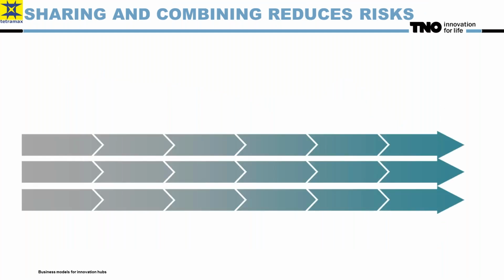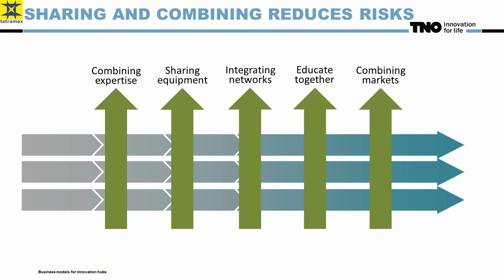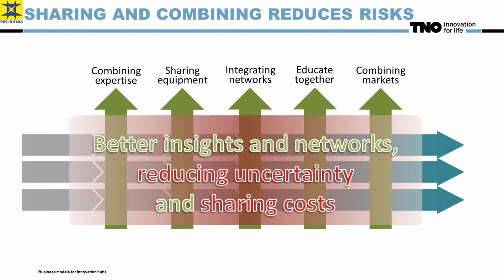And a digital innovation hub helps with that. If you take multiple innovations and multiple innovation chains, you can combine expertise, share equipment, integrate networks, et cetera. And by doing that, you will get better insights and networks, and that reduces uncertainty and you share the cost.